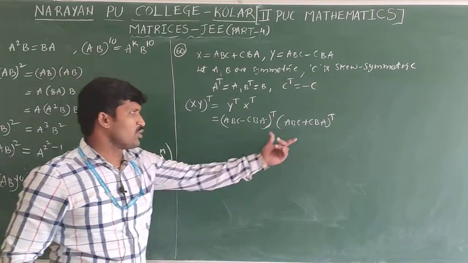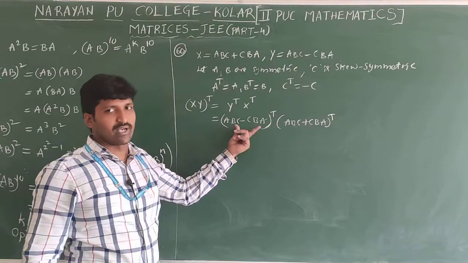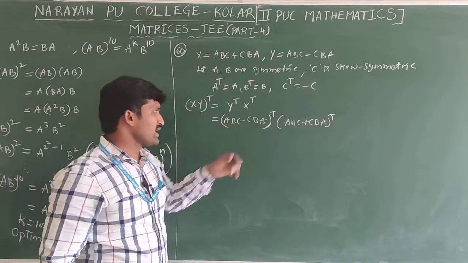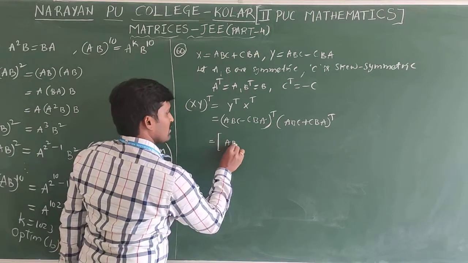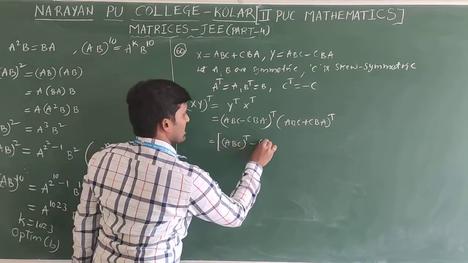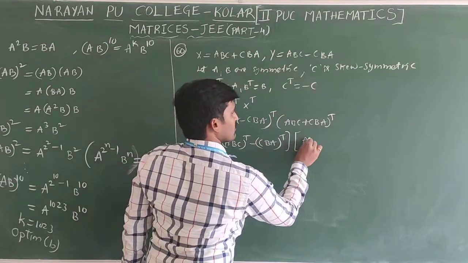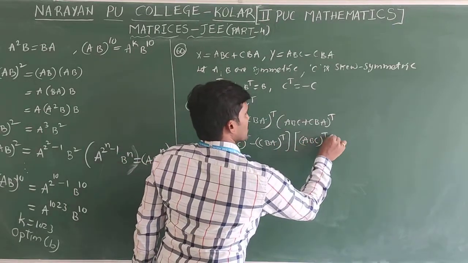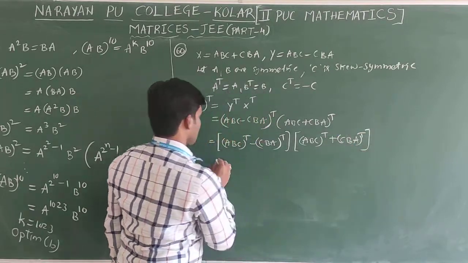Already we know (A plus B) whole transpose is A transpose plus B transpose, and (A minus B) whole transpose means A transpose minus B transpose. From this what will you get? (ABC) whole transpose minus (CBA) whole transpose, into (ABC) whole transpose plus (CBA) whole transpose.